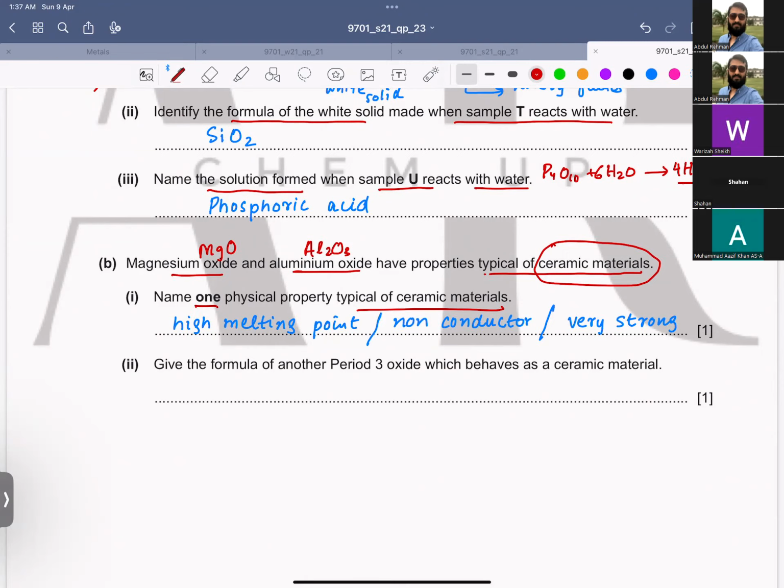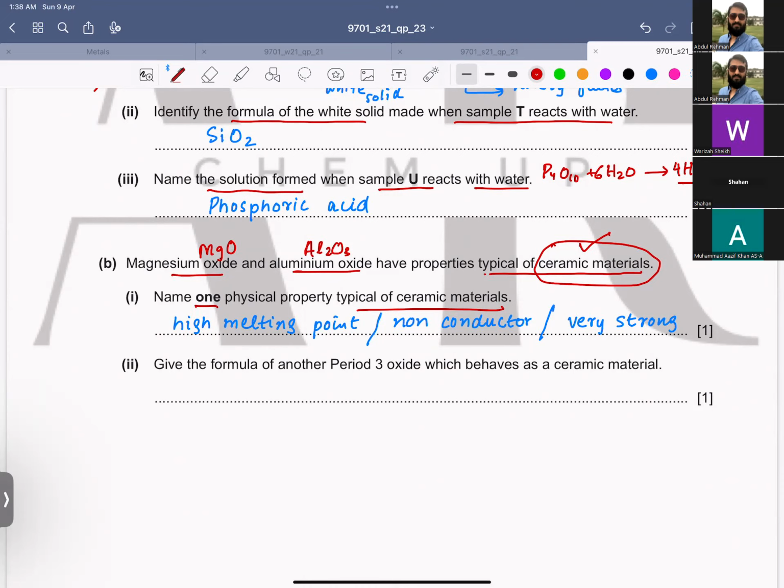Those are brittle substances. But when we talk about ceramic material, it is also brittle, but to break it we have to apply a very huge amount of force. It cannot be broken down by a smaller amount of force, because the bonding in ceramic material is actually very strong.